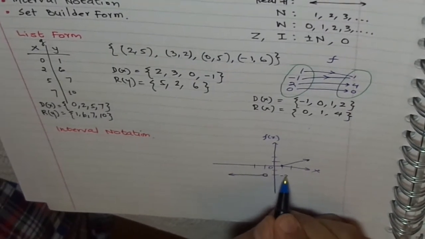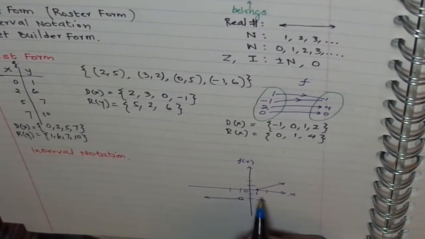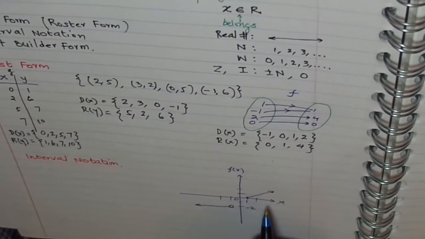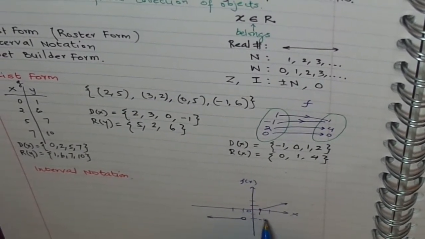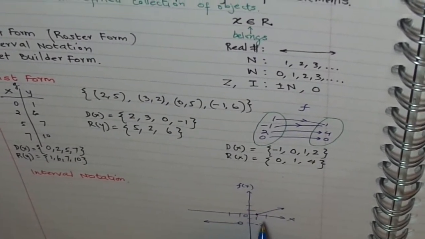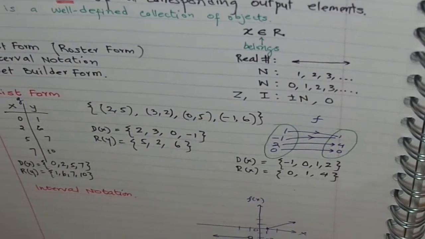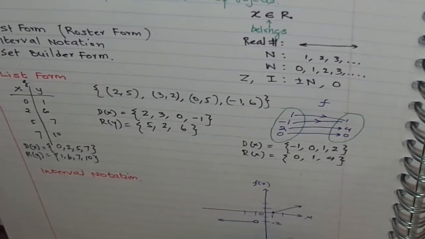This value is minus 2. This is 1 for us. Okay, now you can't list all these values in between. It's kind of impossible, right? You don't know what values are, right? So interval notation is very good for such situations. We could have used set builder form also, okay? Well, now let's see how to use interval notation to represent this kind of a function.